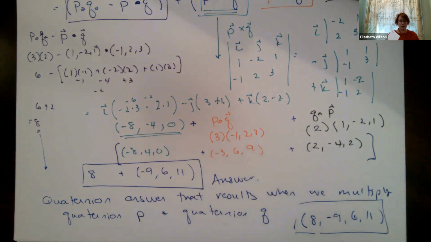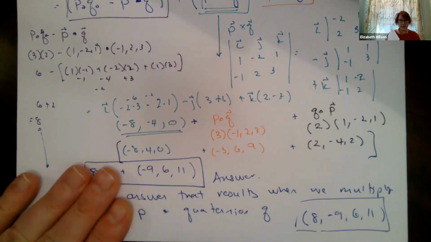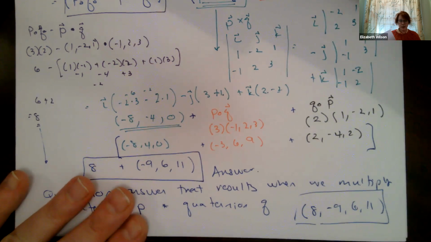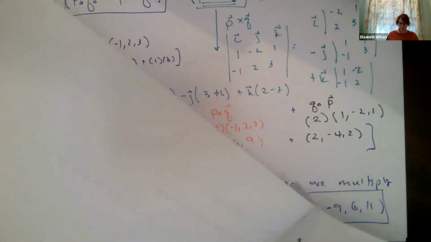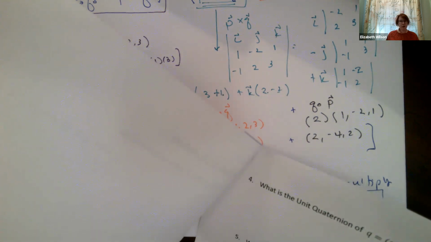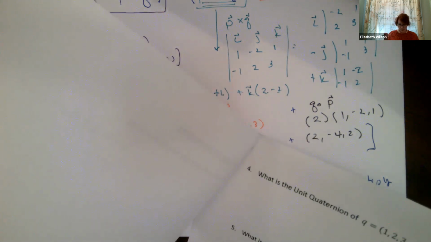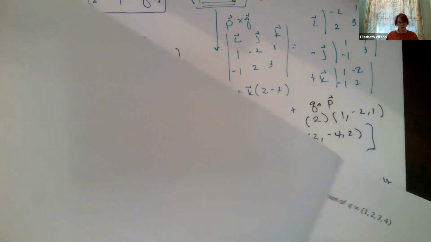The first one is multiplying 2 quaternions together, putting into practice exactly what we just did. Question number 1 and question number 2, we're multiplying 2 quaternions. Question number 3, we're adding quaternions. 4 and 5 are just looking at values of quaternions. Then we do rotations with quaternions. So let's do these classwork problems.